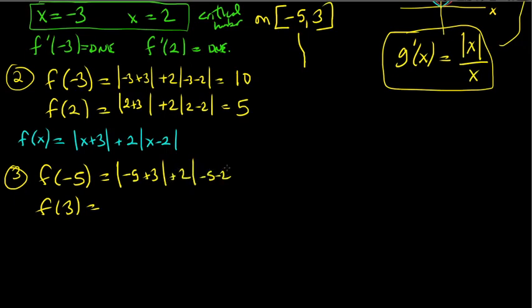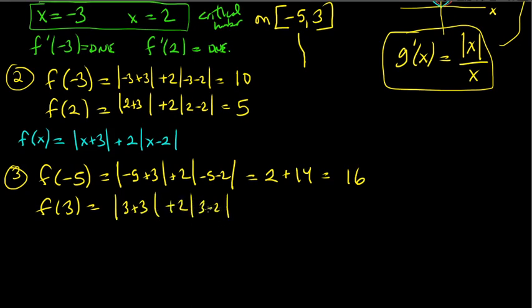Sorry, absolute value, yeah. So what's this going to be? Negative 2, and absolute value is positive 2, and then this is negative 7. We make it a positive 7 times 2. 2 times 7 is 14, so 2 plus 14 is 16, right? And then when we plug in 3, 3 plus 3, plus 2 times 3 minus 2. So we get 6 plus 2 is 8.